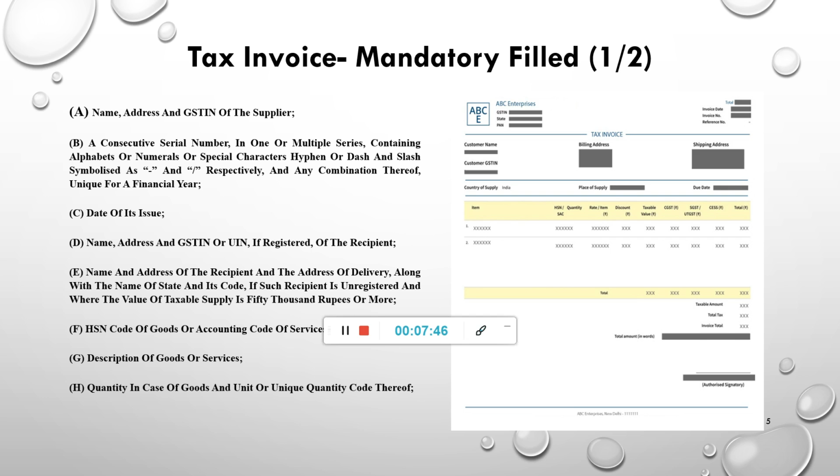Only applicable fields are to be filled, which include your name, address, GSTIN of supplier, a consecutive serial number, date of its issue, name, address, and GSTIN of the recipient, and address of delivery, along with his state name and code, HSN code of the goods or accounting code of the services, description of the goods or services, quantity in case of goods, and unit or unique quantity code thereof.